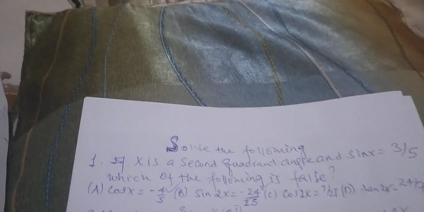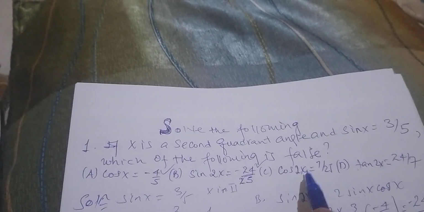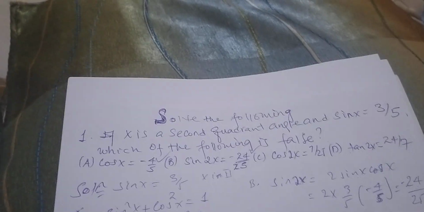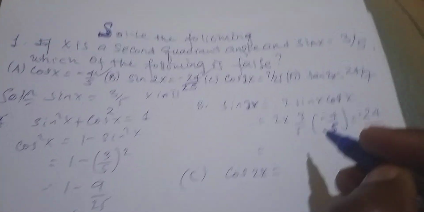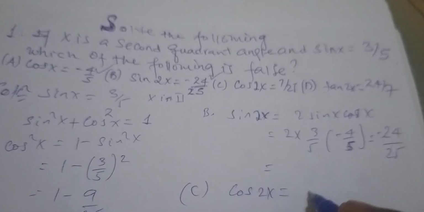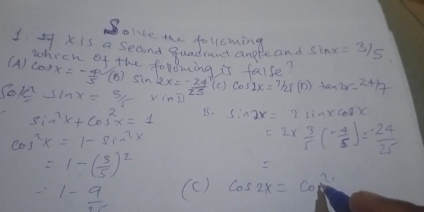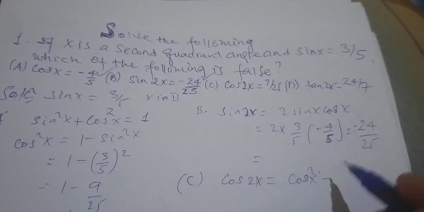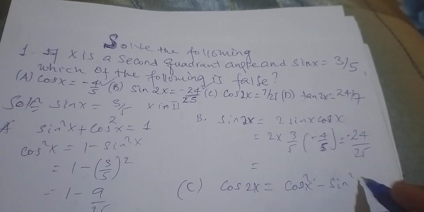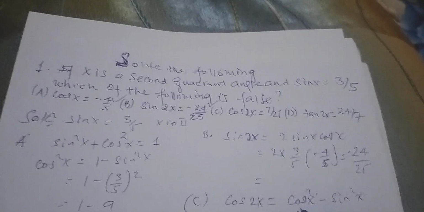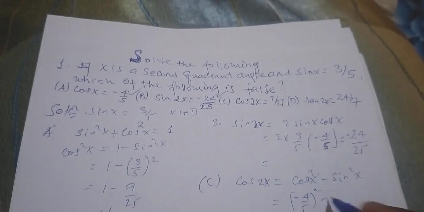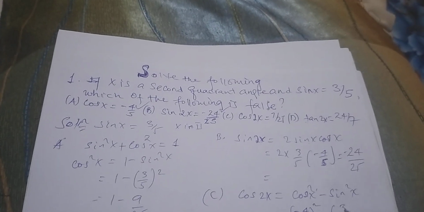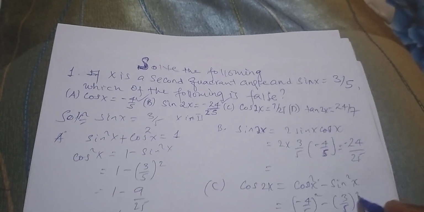Look at C. Cos 2x. Again, this is a double angle. Cos 2x is equivalent to cos square x minus sin square x. So, cos is minus 4 over 5, the whole square, minus 3 over 5 the whole square.